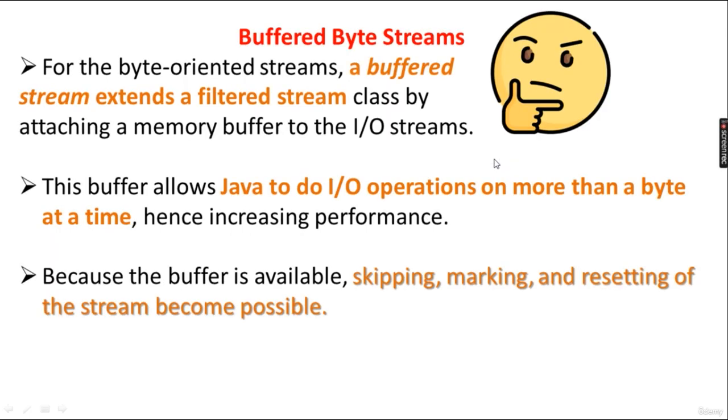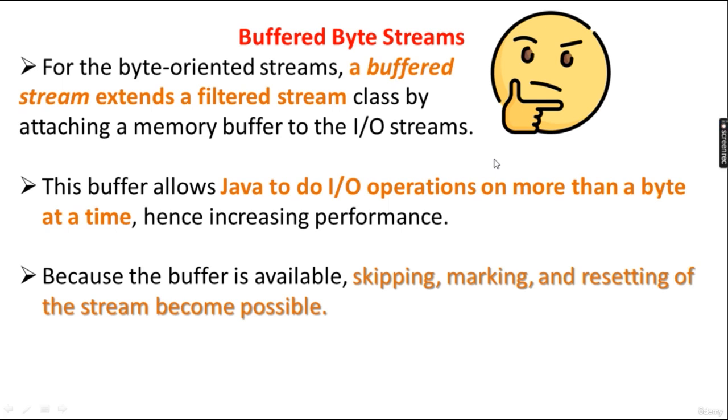Okay, buffered byte stream. For the byte-oriented stream, a buffered stream extends a filter stream class by attaching a memory buffer to the input-output stream. So the buffer extends the filter stream by attaching memory to the input-output stream.